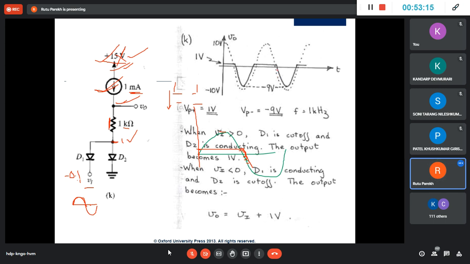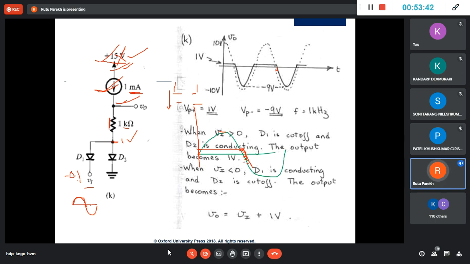And when the input is minus 1, let's say this is minus 1. Right? So at minus 1, it will be 0. This is minus 1 plus 1, so your output is 0 volt.